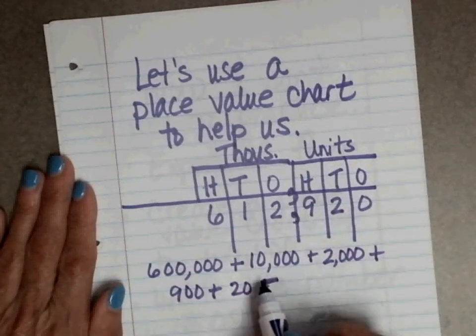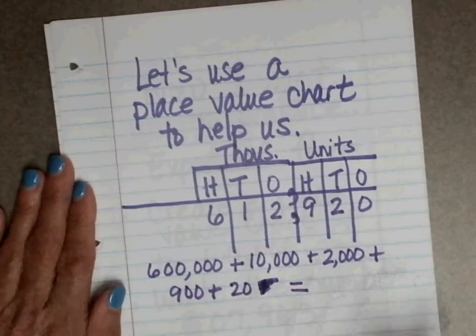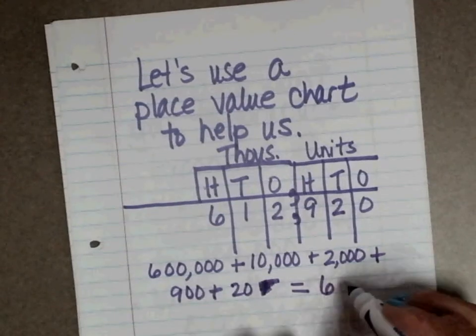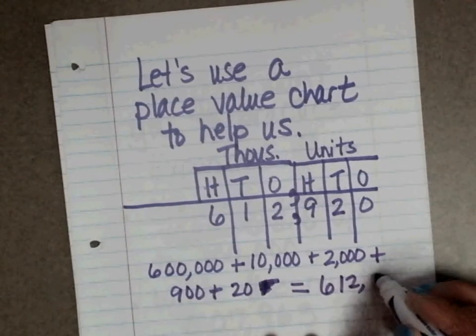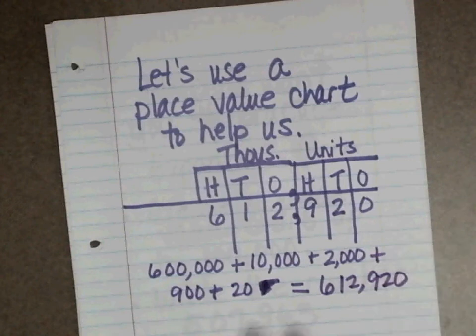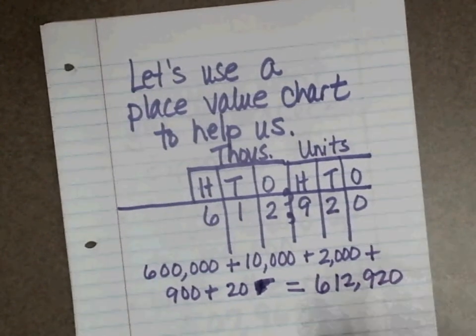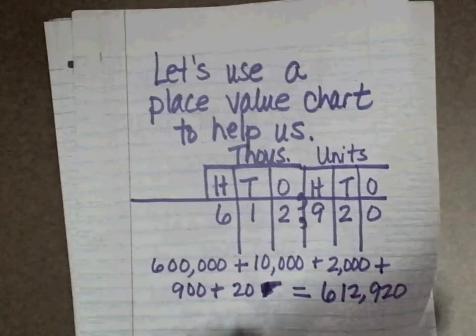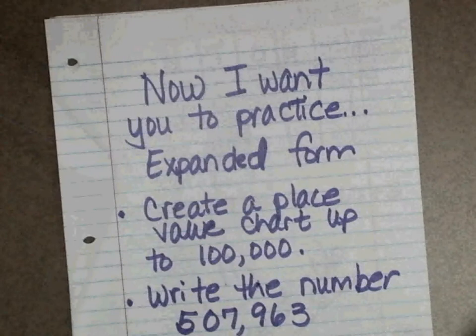We are done. We can put an equal sign. If we add this all back together, you will get 612,920. This is a review from 3rd grade, and this year in 4th grade we're going to go up to the 1 billions place.